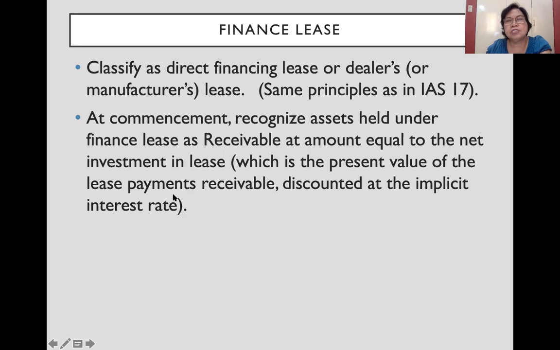Okay, because the asset subject to the lease, the underlying asset's record, is to be transferred already to the lessee, then the lessor shall not present that underlying asset in its financial statements. The lessor shall present the receivable from the lessee. That receivable is technically termed net investment in lease or simply finance lease receivable.